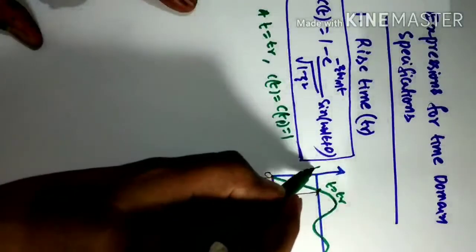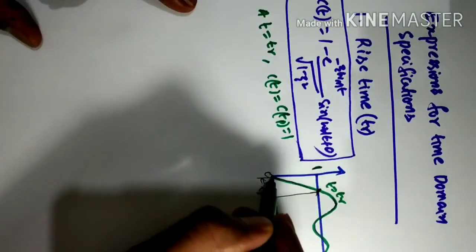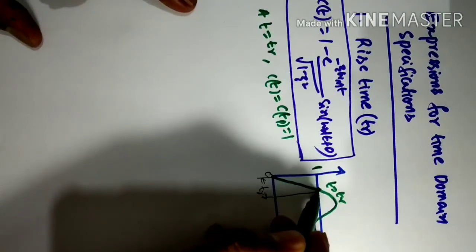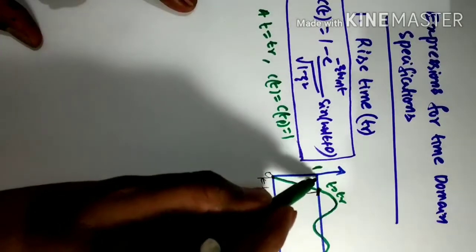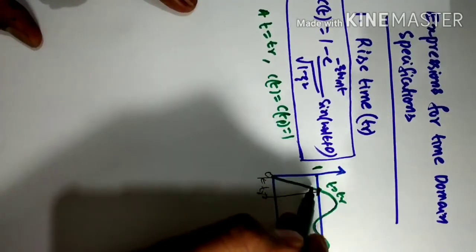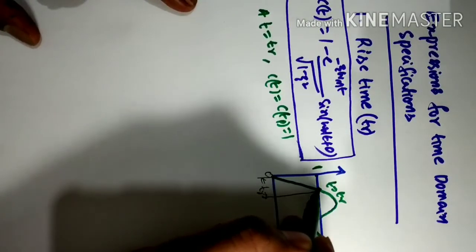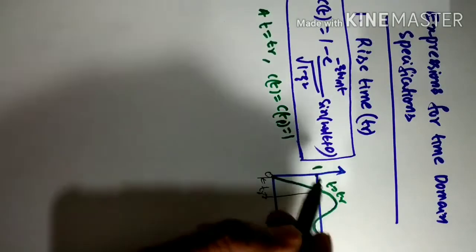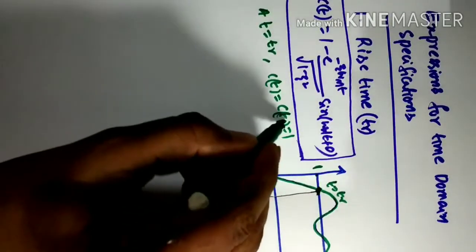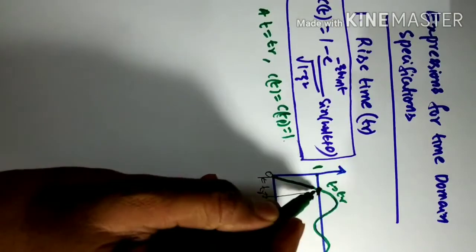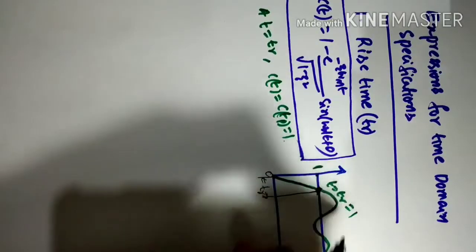You see that this is the 1. When your response reaches from 0 to this point, what is the value of C here? It is equal to 1. That's why I make C equal to 1. At this point the rise time is reached.